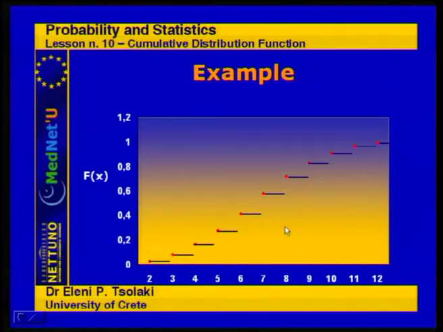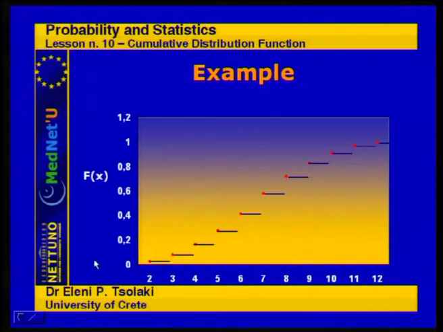A graph for the cumulative distribution function is here. For this example, the picture we usually get for discrete random variables is a picture with some steps, as we see. Here the cumulative distribution function gets a value at exactly point 2; before it's 0.